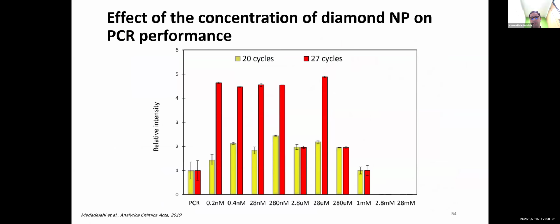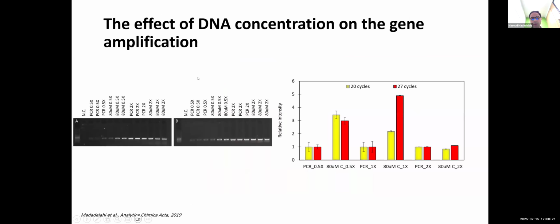So you can see the effect of different concentrations of the diamond nanoparticle on PCR efficiency after 20 cycles and also 25 cycles. And you can see that we can actually amplify the PCR efficiency by a factor of 5 if we add those nanoparticles.